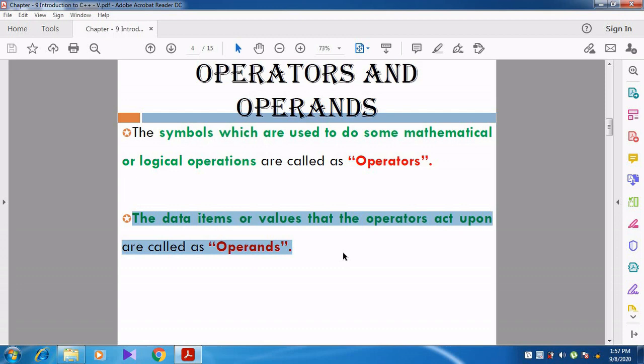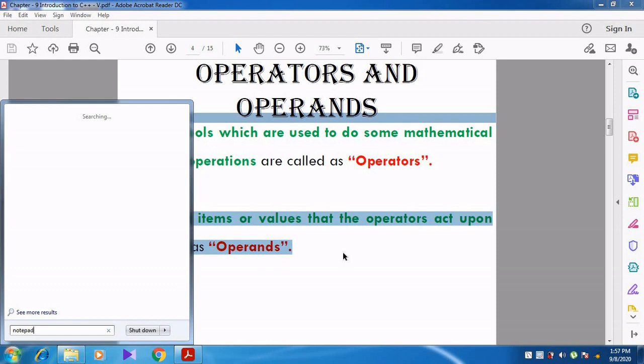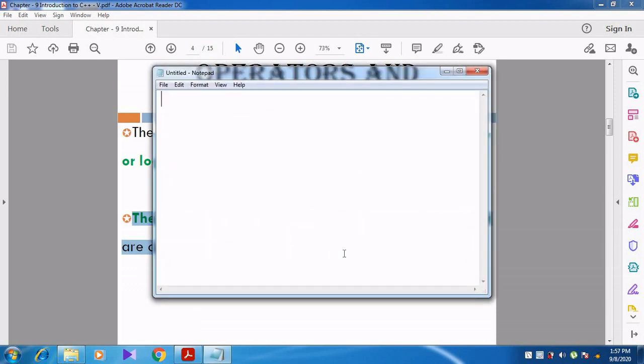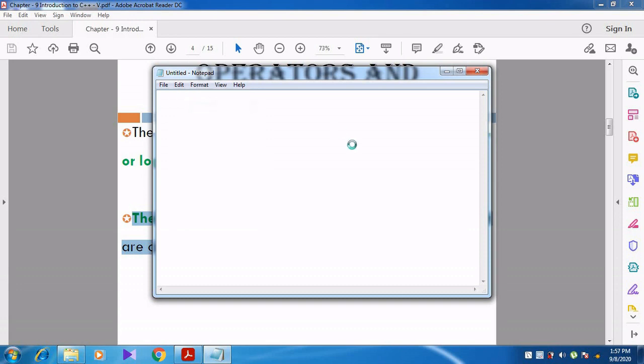For example, let me show you the operand and operator. Let us take the operator plus. Most of you know what plus means. Plus represents addition, and minus represents subtraction.